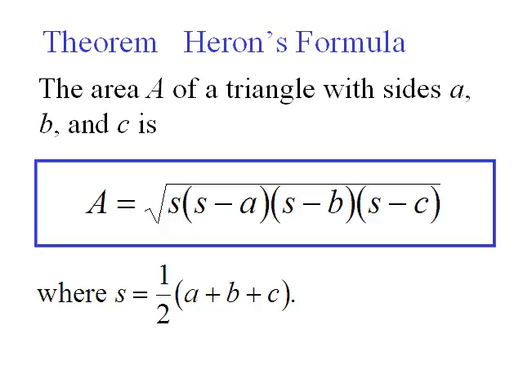So here's what it says. The sides of the triangle A, B, and C are added up so that A plus B plus C is the perimeter of the triangle, and divide by 2, and that's this parameter S in Heron's formula, and the area is the square root of S times S minus A times S minus B times S minus C.